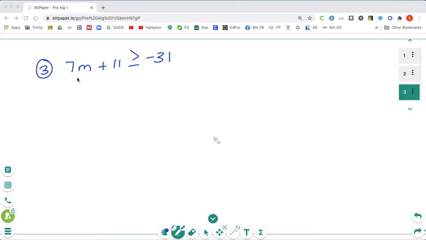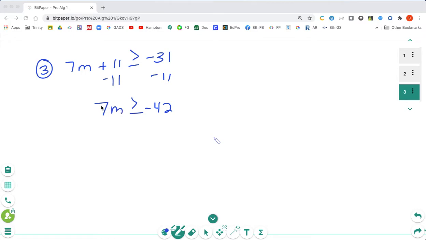Right? Is the variable on the left? It is. Is it alone? It's not. So we're going to zero pair the 11. I have a negative 31 combined with a negative 11 is going to give me a negative 42. And then is the variable alone?